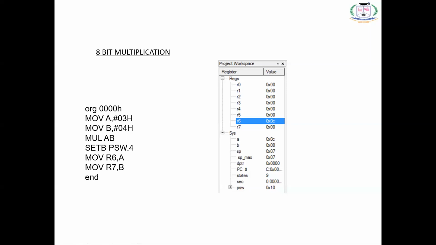To select... when I'm setting the program status word 4th pin and 3rd pin, what is the main purpose of that? Program status word 4th pin and 3rd pin. What is the purpose?